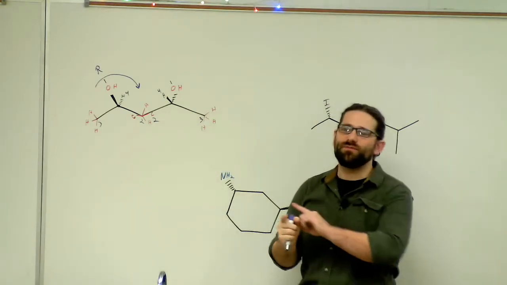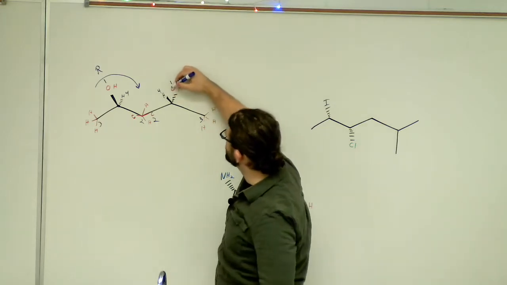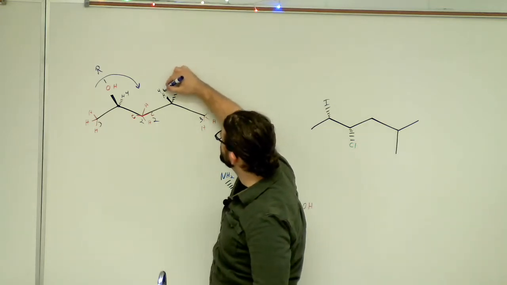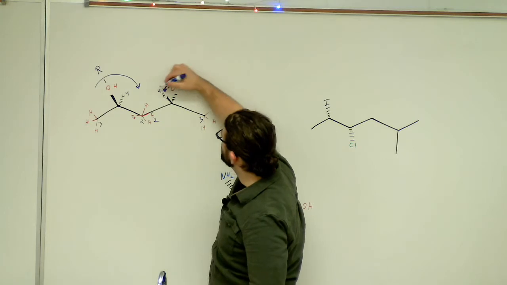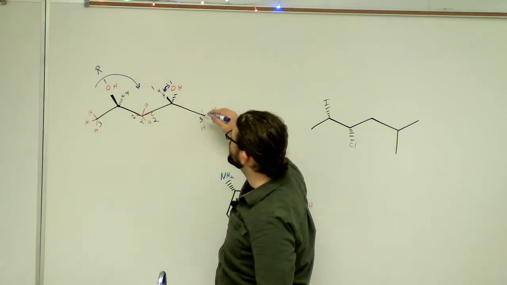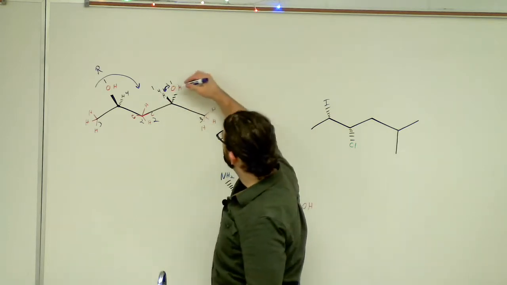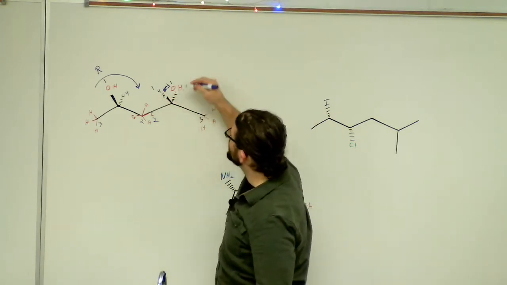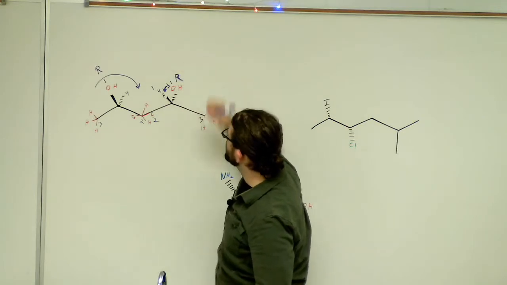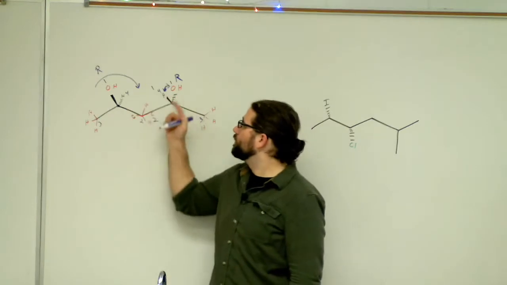I need that to be facing outward in order to figure it out. So I'm going to switch it with this hydrogen. So if I switch these two and say that this is number 1, then I would go 1, 2, 3, and I would get the S orientation, which means that since I flipped these, this is actually the R orientation. Once again, okay, so these are both R.